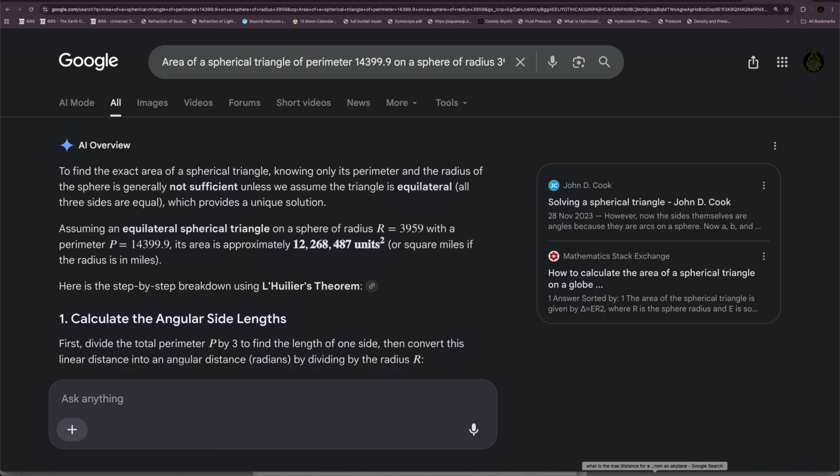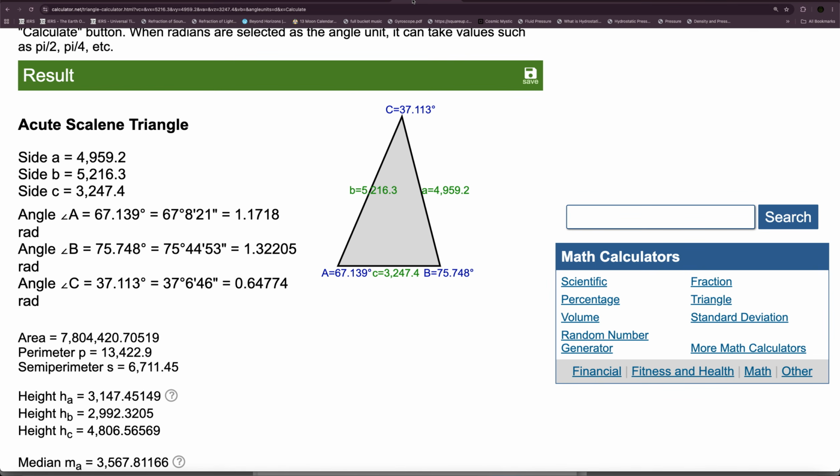So if we go back to the calculator, first of all, we must first go to here.